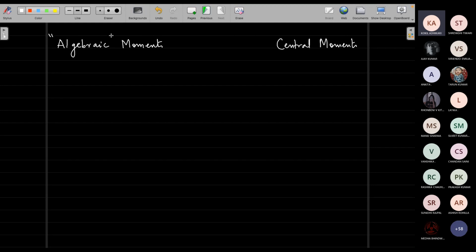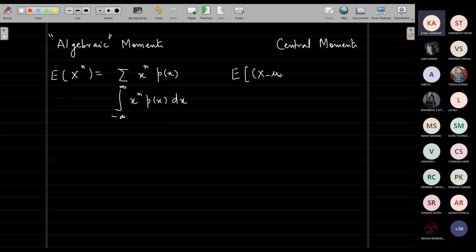The algebraic moment just tells the expectation value of X raised to power n. The definition is pretty simple: integral of x^n p(x) dx.